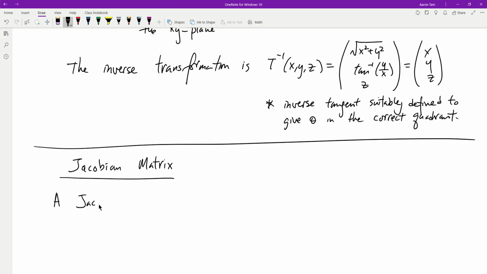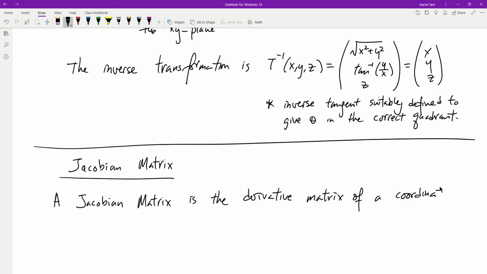A Jacobian matrix is, of course, named after the mathematician Jacobi. A Jacobian matrix is basically the derivative matrix of a coordinate transformation.